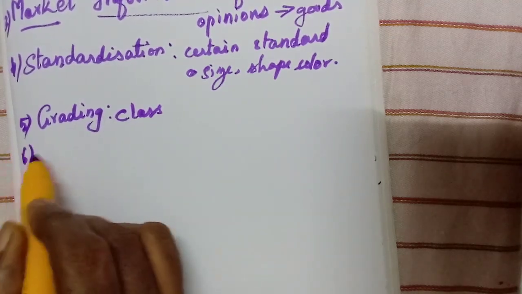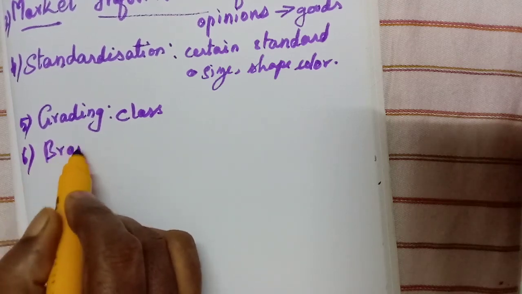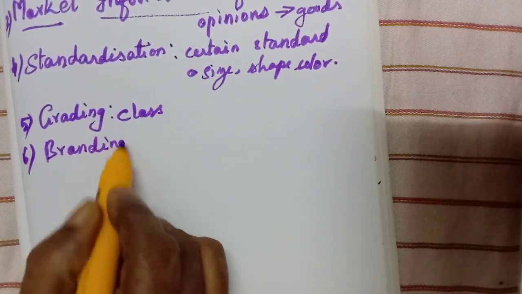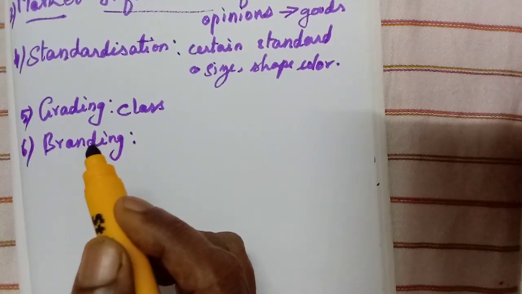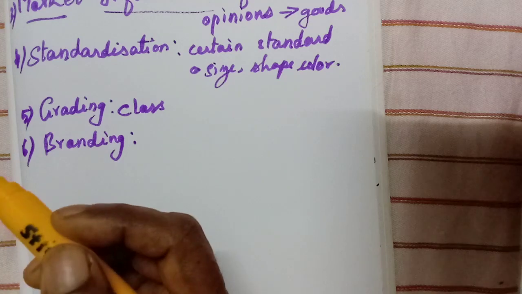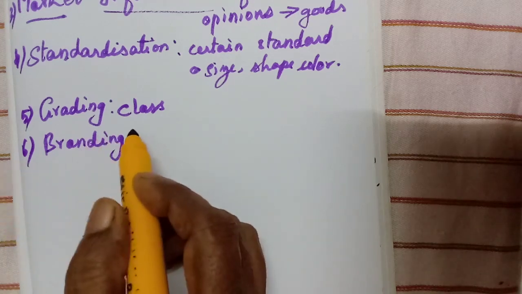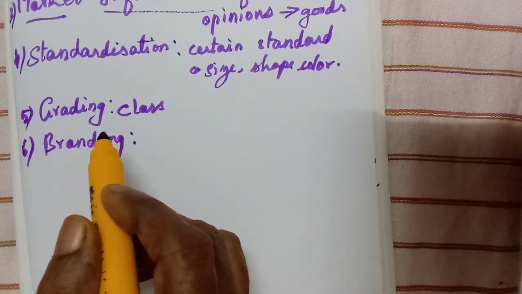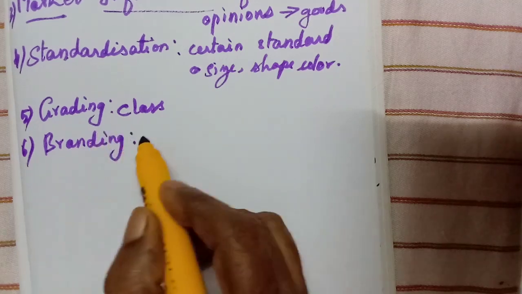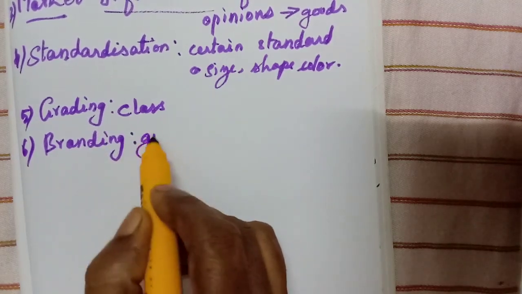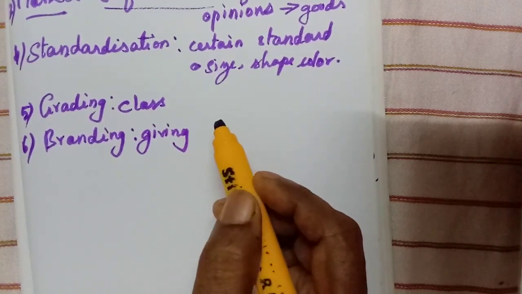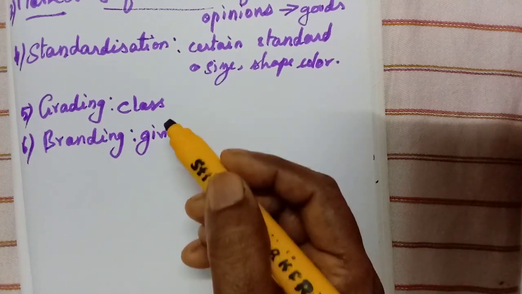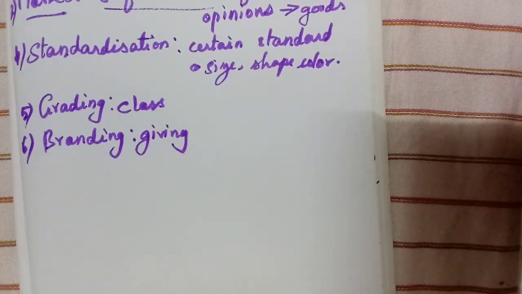Then branding, branded products we say, isn't it? That is called branding. Nowadays branding is a trend, isn't it? Even boys and girls wish to purchase only branded products. Now what is branding? Branding means giving a symbol. The Adidas, isn't it? Then sunglasses, the Gucci sunglass. So they give a name.